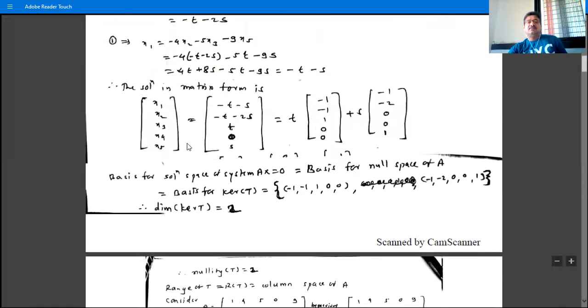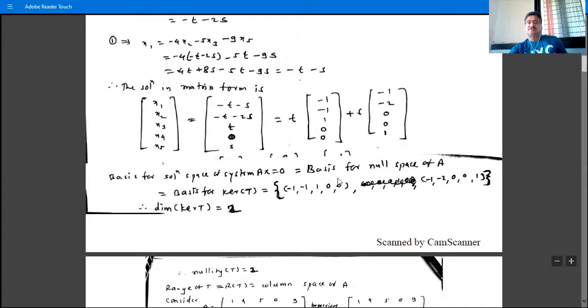And therefore the basis for the solution space of the system Ax equal to 0 is the basis for the null space of A and is the basis for the kernel of T, and is equal to the set containing 2 elements: this as the first vector and this as the second vector, minus 1, minus 2, 0, 0, 1. So this is the basis for the kernel of T.